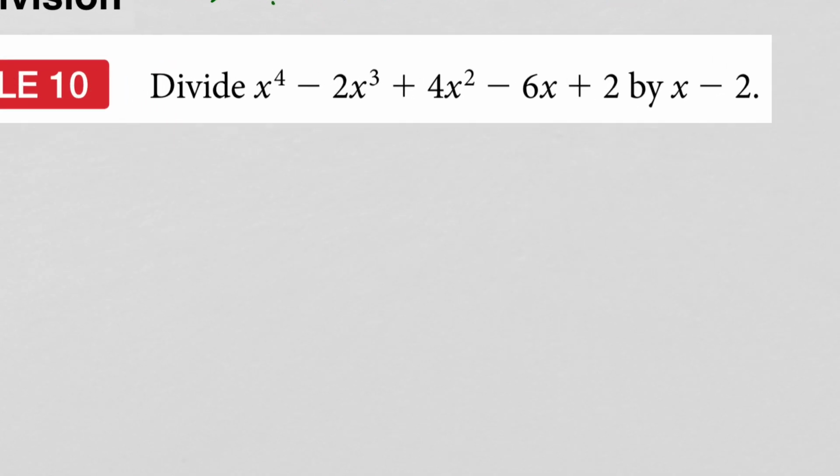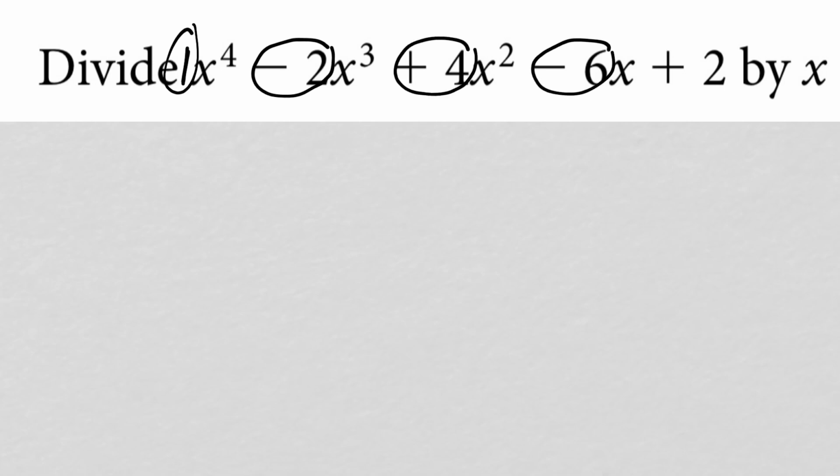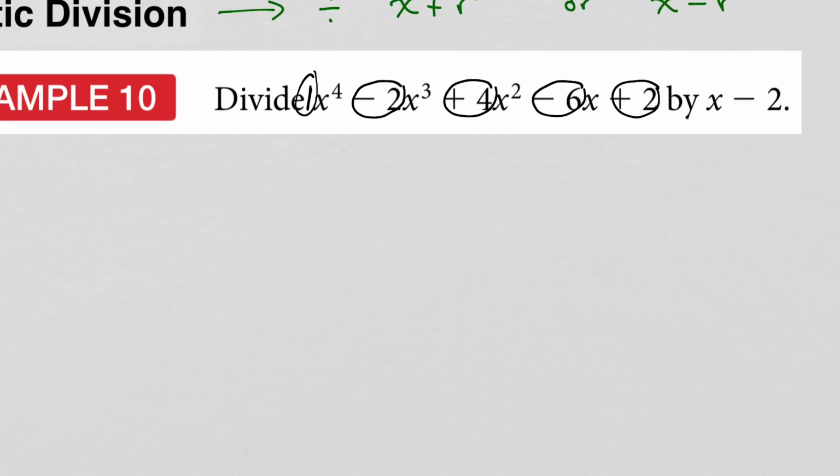Now for the other polynomial, the one that you're dividing, right, this one here, look at all your coefficients. You have a 1 coefficient here, then you have a negative 2, and then a positive 4, and then a negative 6, and a positive 2. And notice how there are no missing powers, right? You have x to the 4th, x to the 3rd, x to the 2nd, x to the 1st, and a constant term.